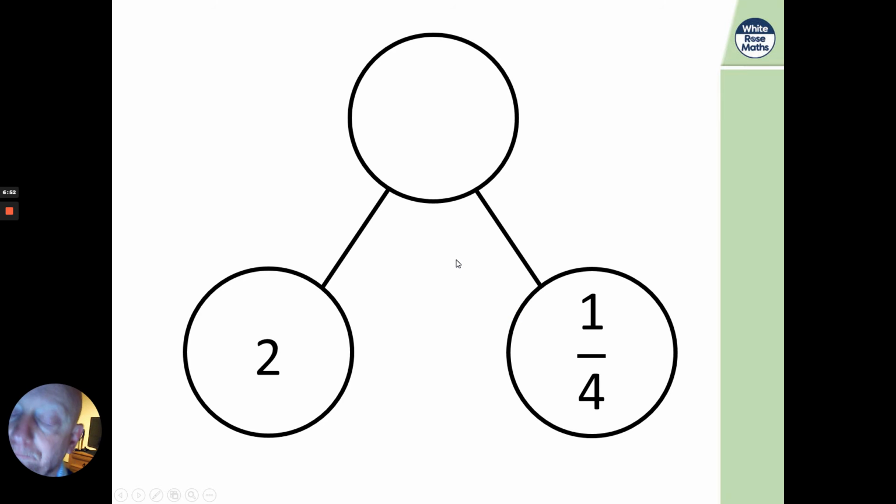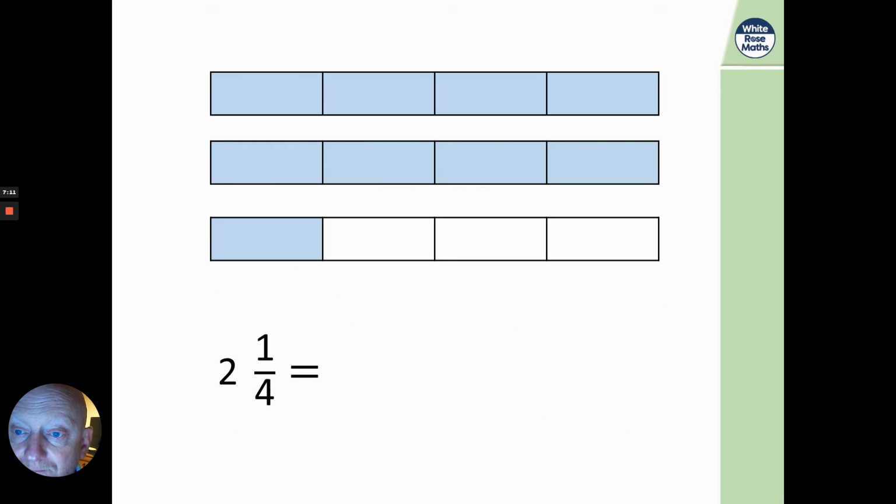Okay, now we've got a part-whole model here. So at the bottom we've got 2, which is the whole number, and we've got 1/4. So up here you'd think we could have 2 1/4. Just like that. But what we want to do is change that 2 1/4 into an improper fraction.